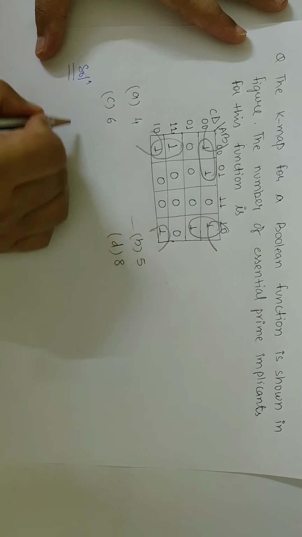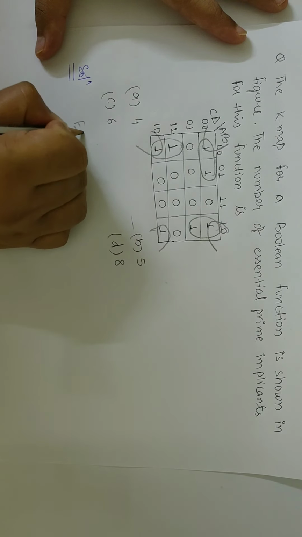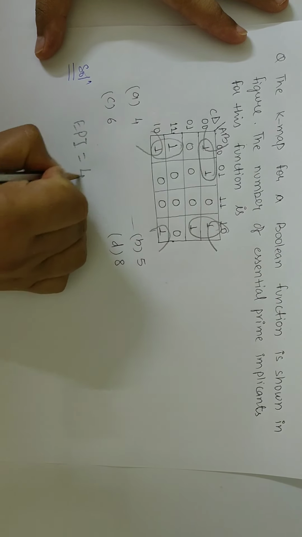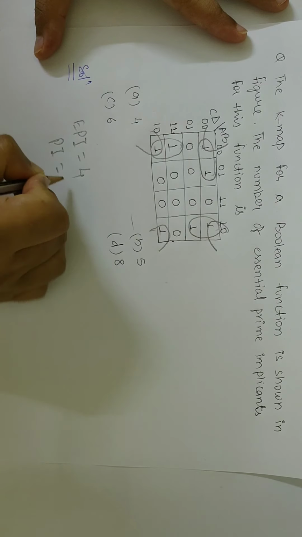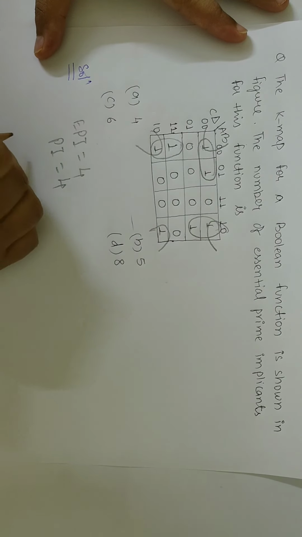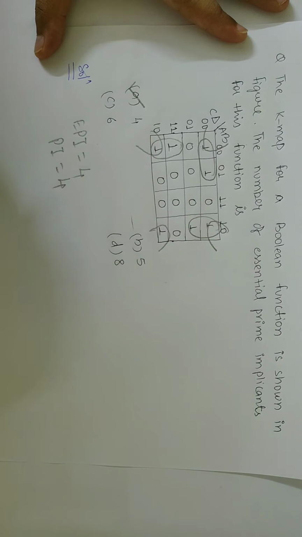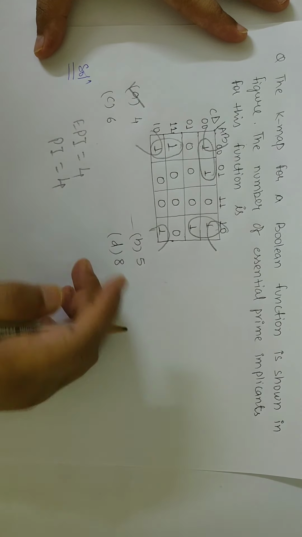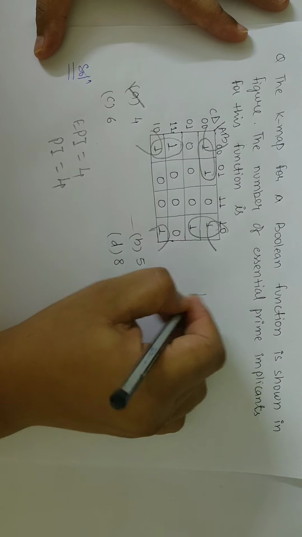So here we have essential prime implicants equal to 4 and prime implicants also equal to 4. So the answer is 4. To better understand what a prime implicant and essential prime implicant are, let's take another example.